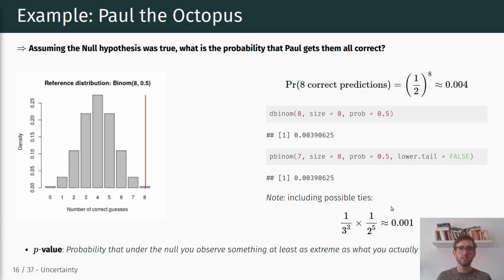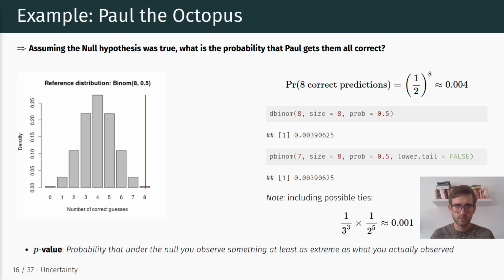The key point here is what we did here is we computed our first p-value, which describes the probability that under the null you observe something at least as extreme as what you actually observed, right? So assuming the null hypothesis was true, how likely is it that we observe a test statistic that is equal to or larger than the test statistic that we actually observed?